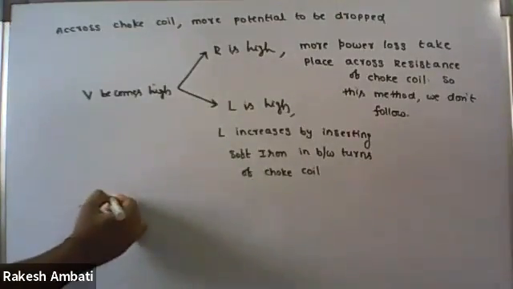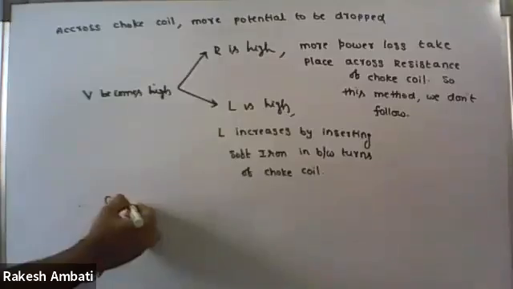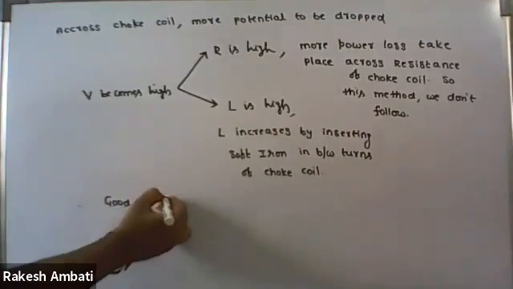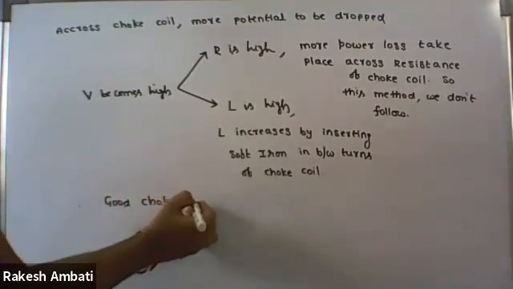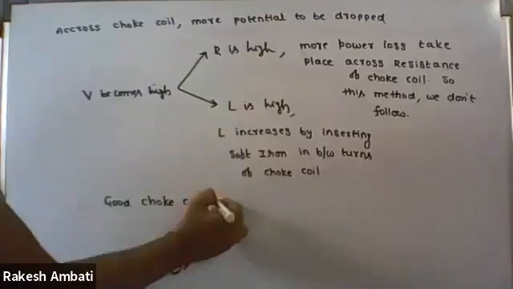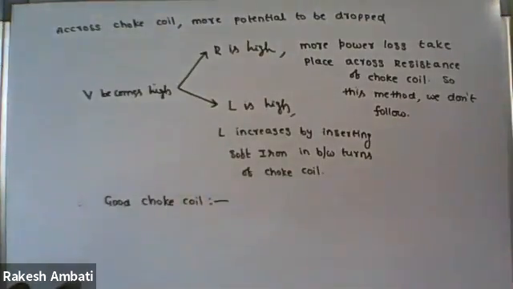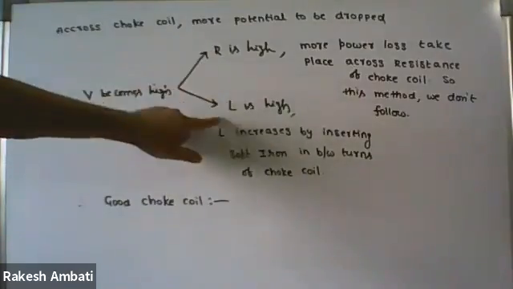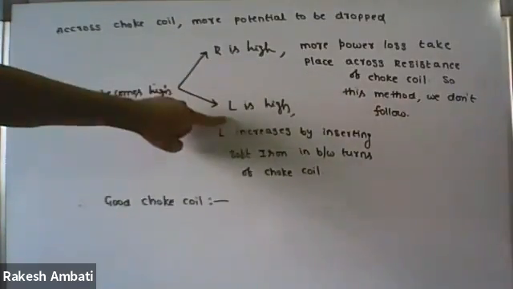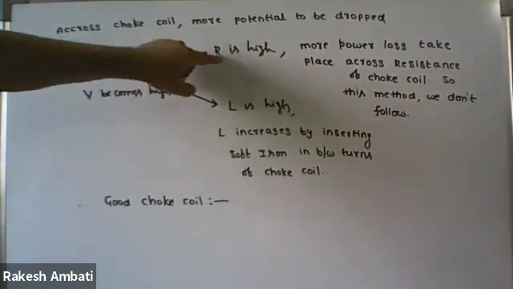Therefore, what are the specifications of a good choke coil? High resistance and high inductance, or high resistance and low inductance, or small resistance and high inductance? Small resistance, high inductance.